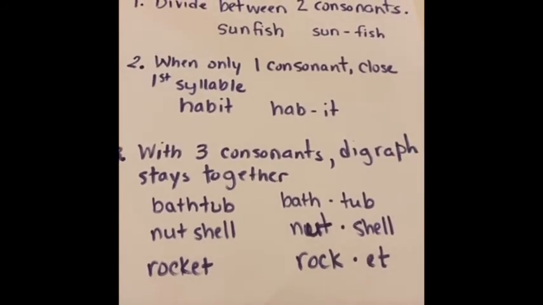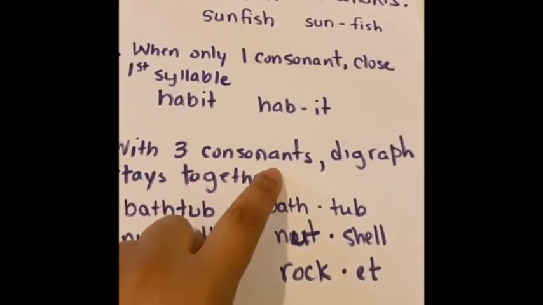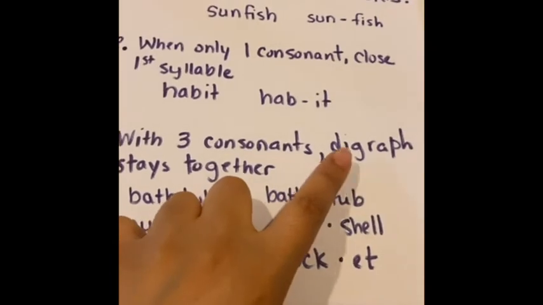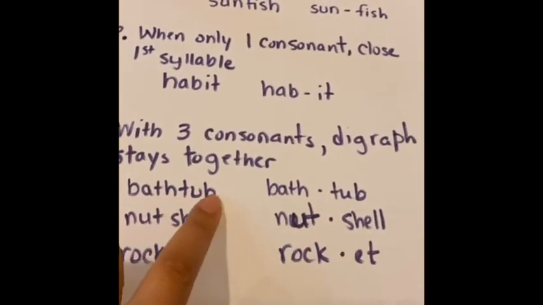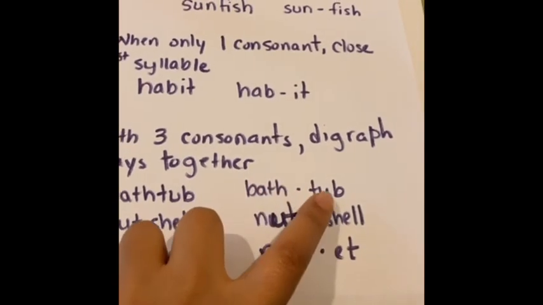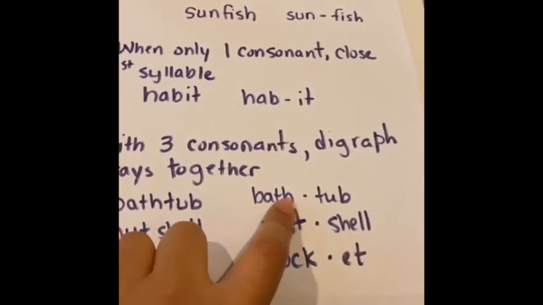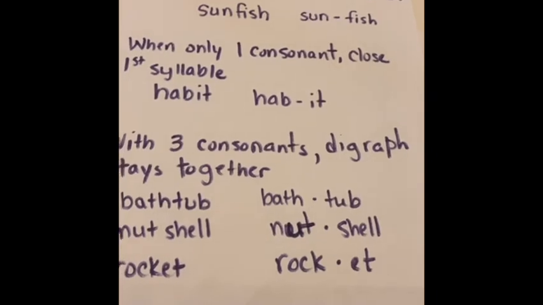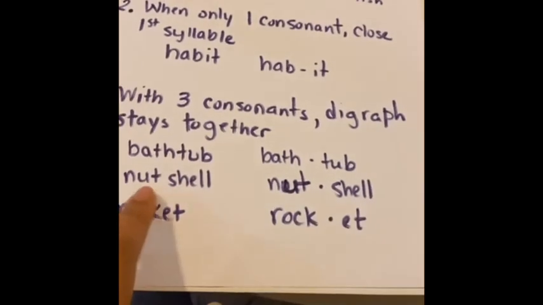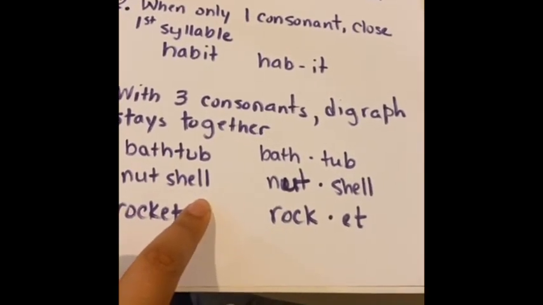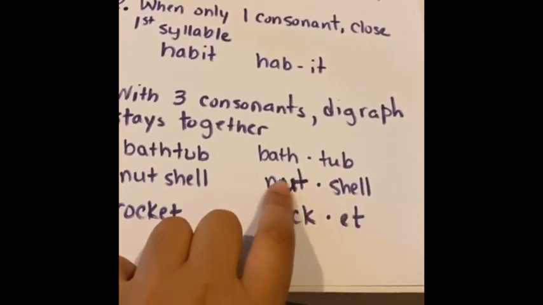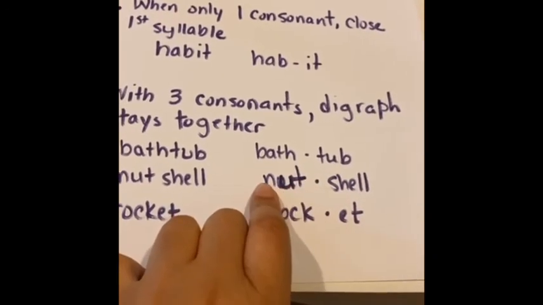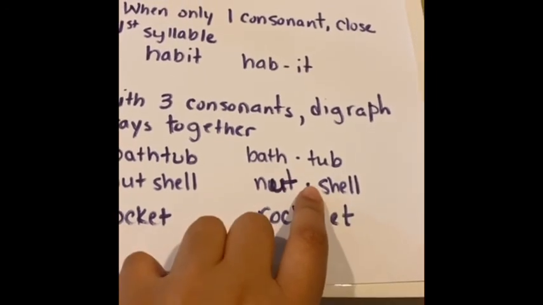If I have three consonants together, I have to keep my digraphs together. So for the example of bathtub, there's my vowels. I'm closing in the first syllable with the digraph. For nutshell, I still want to keep my digraph together, so I'm going to close in the first syllable with the consonant T, and then shell would go into the second syllable.